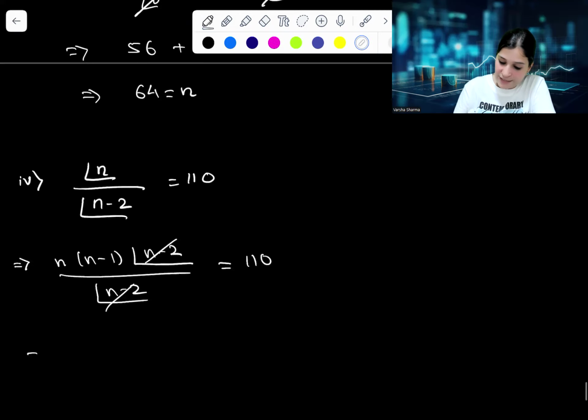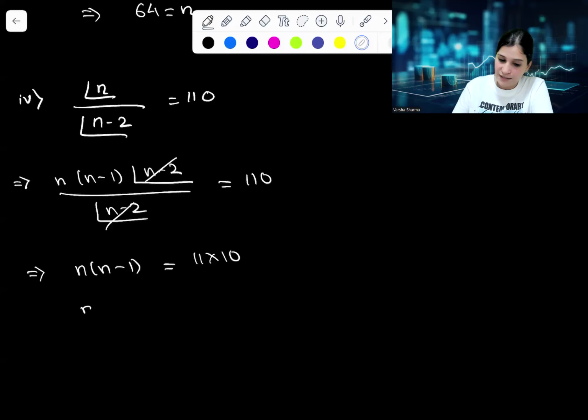So on the left hand side, we have two consecutive numbers. So 110 can also be written as 11 into 10. On the left hand side, the larger number is n. On the right hand side, the larger number is 11. Yes? Yes, ma'am.